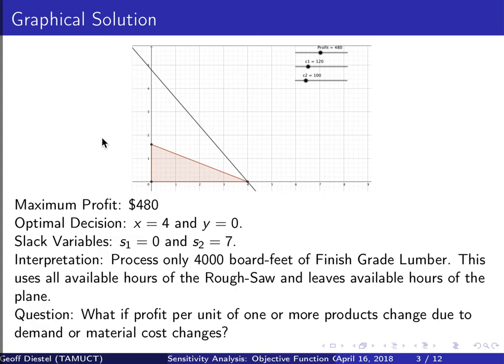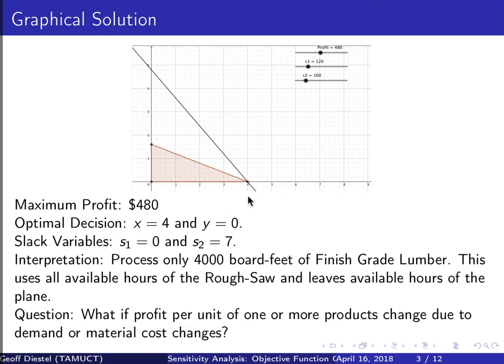And the optimal decision is to choose x to be 4 and y to be 0, which means produce 4,000 board feet of the finished grade lumber and 0 board feet of the construction grade lumber. And you plug that into the profit function, you get a $480 profit.